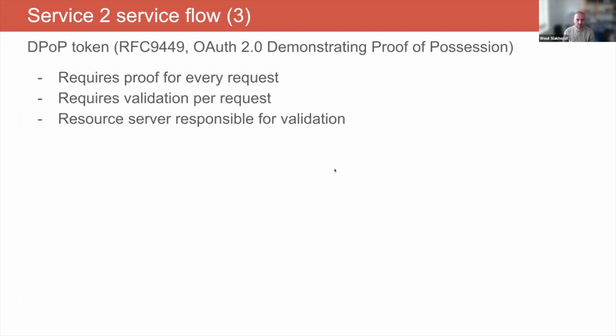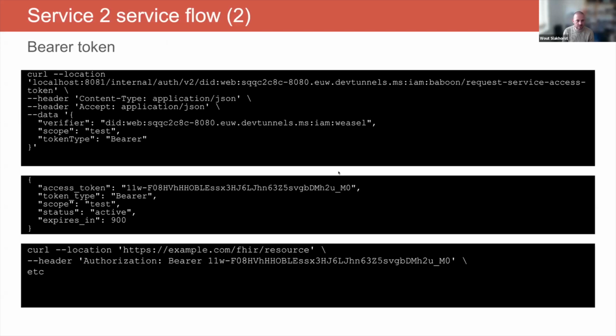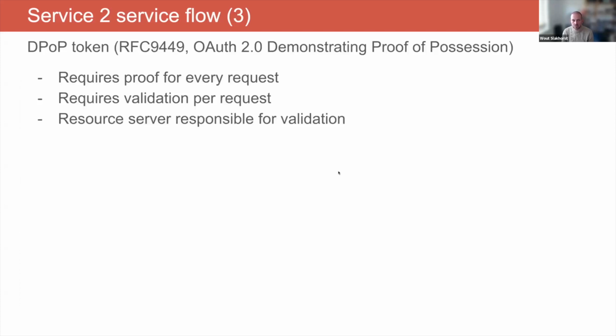Okay, so this is the point where I'm going to explain the proof of possession RFC we added. It's quite a new standard for OAuth. As in the previous slide, you saw that the token type was set to bearer. As a client, you also have the option to use a DPoP token.